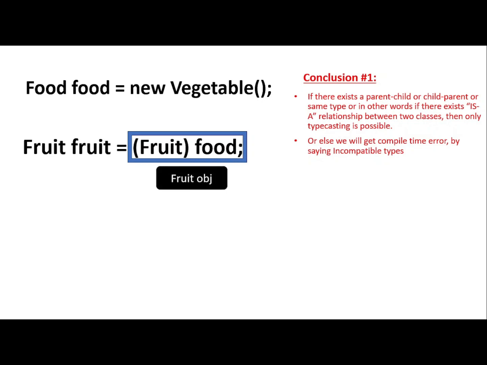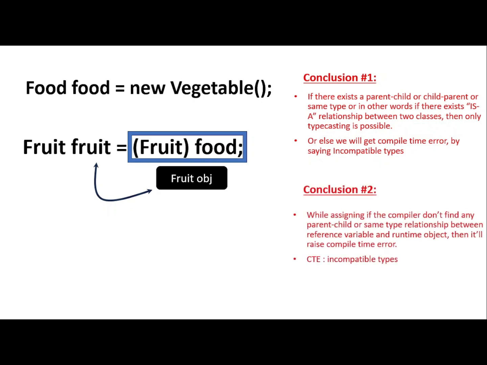Now it will check if the left-hand side reference variable can hold the right-hand side object or not. If it can hold, then the compilation will be done happily, or else we will get the same compilation error, that incompatible types. Now friends, whatever conclusion we have evaluated till now is being checked by the compiler.